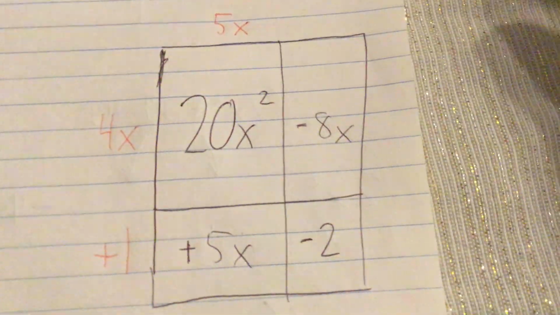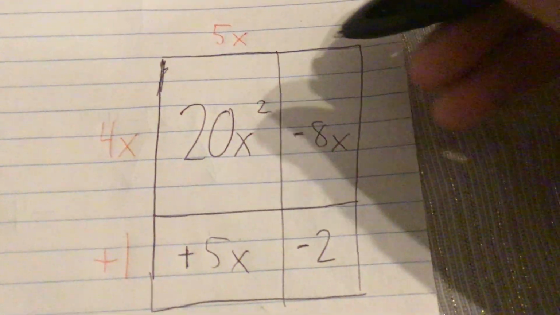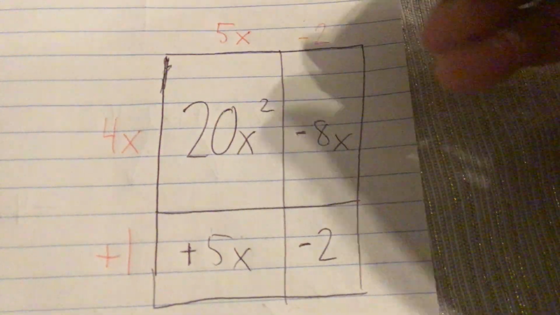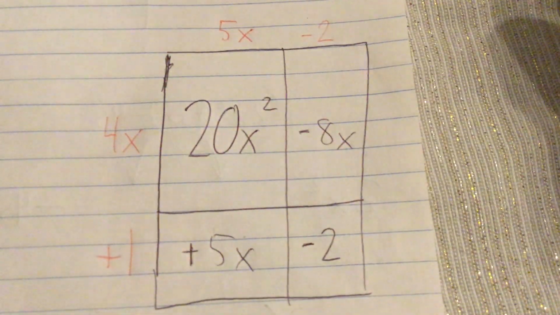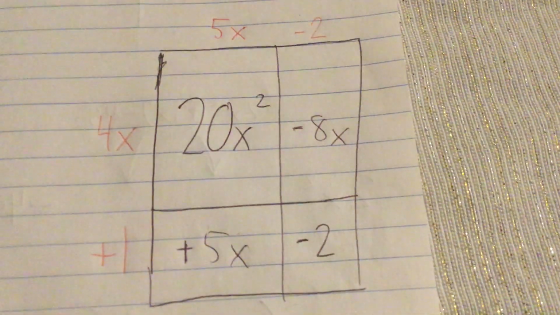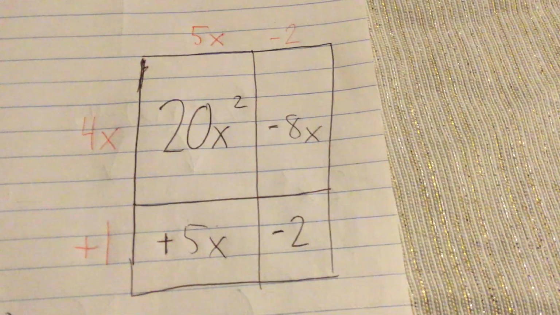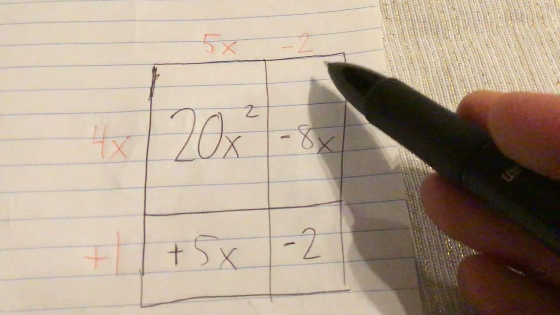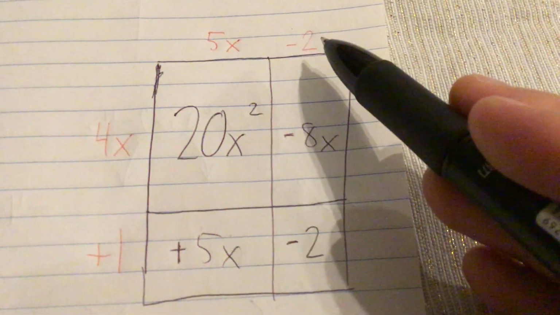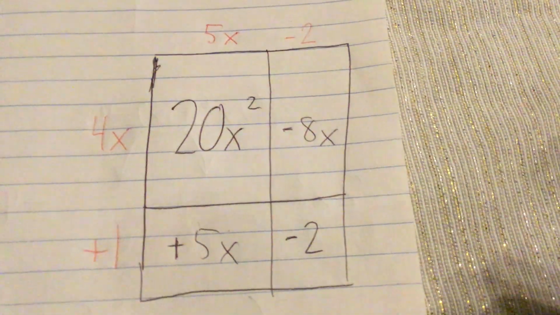4x times what is negative 8x? That would be negative 2. 4x times negative 2 is negative 8x. Check your work. Is negative 2 times positive 1 equal to negative 2? Then you factored right. That bottom right, just FYI, if you factored correctly, is the product of these two dimensions.